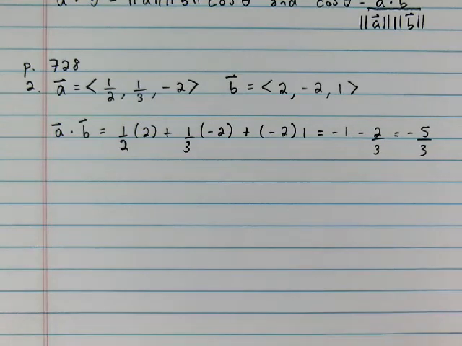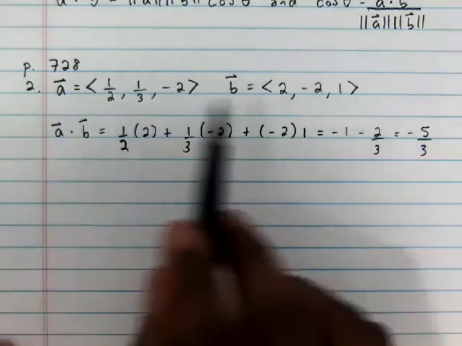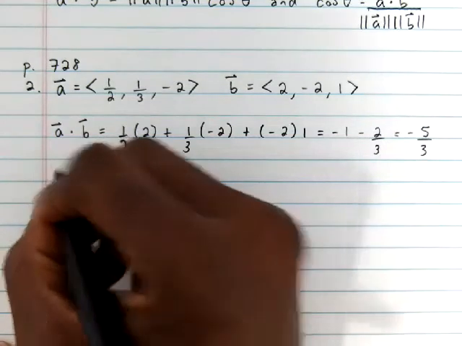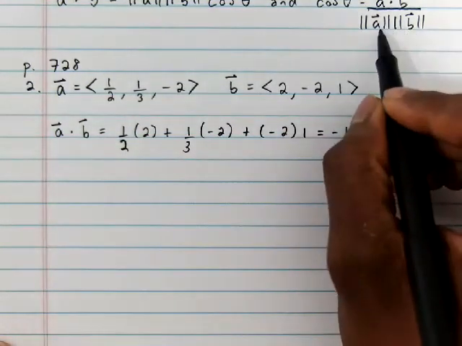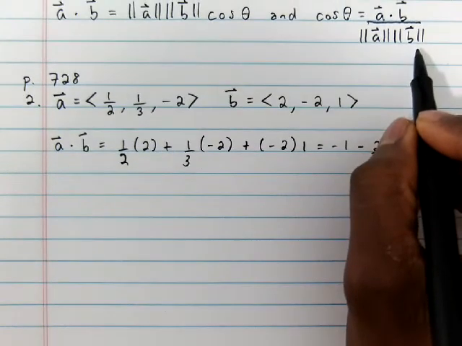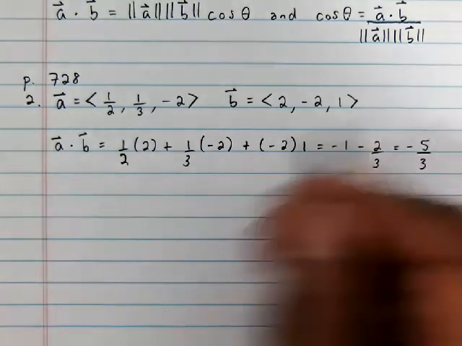Then they also want the cosine of the angle between the two vectors A and B. So we're going to use this now. In order to use this, notice we need the magnitude of A and the magnitude of B. So let's go ahead and find those two values.